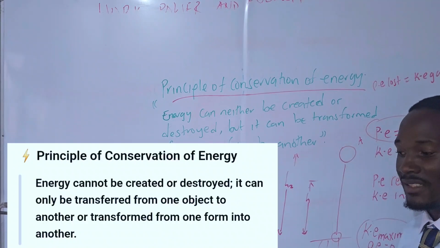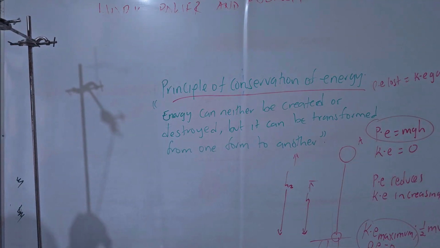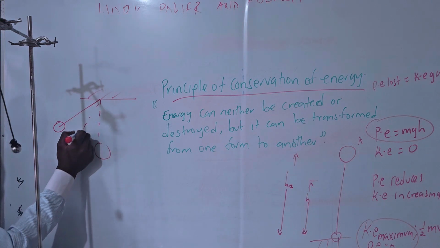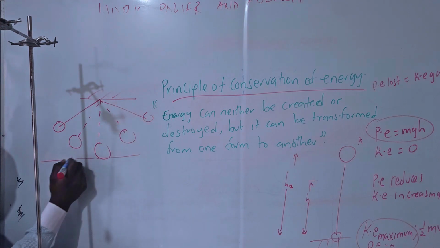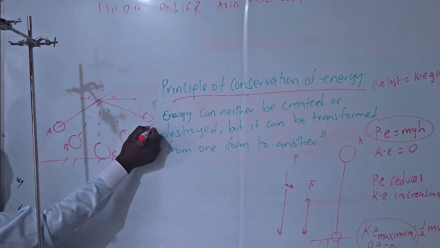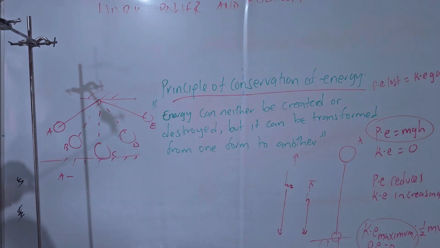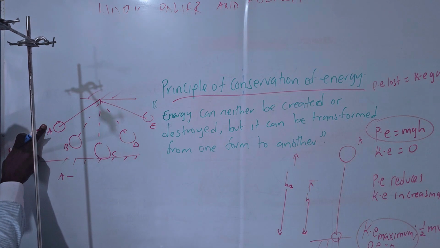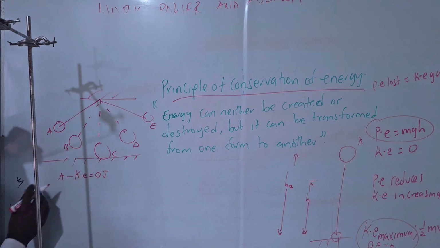Let's look at the swinging pendulum situation. When it is at this position, that is position A, when it is just starting to swing, here it is not moving. So the kinetic energy is zero because it is not moving.